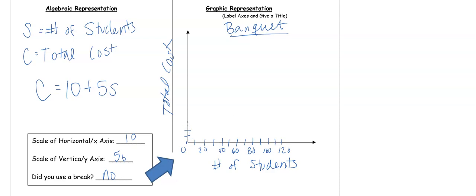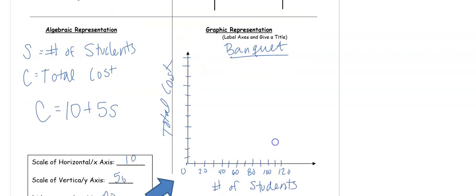I'm going to spread these out just a little bit, sorry. 50, 100, 150, 200, 250, 300, 350, 400, 450, 500, 550. Okay, so again, if everything's going up by 50, I'm going to skip a line.